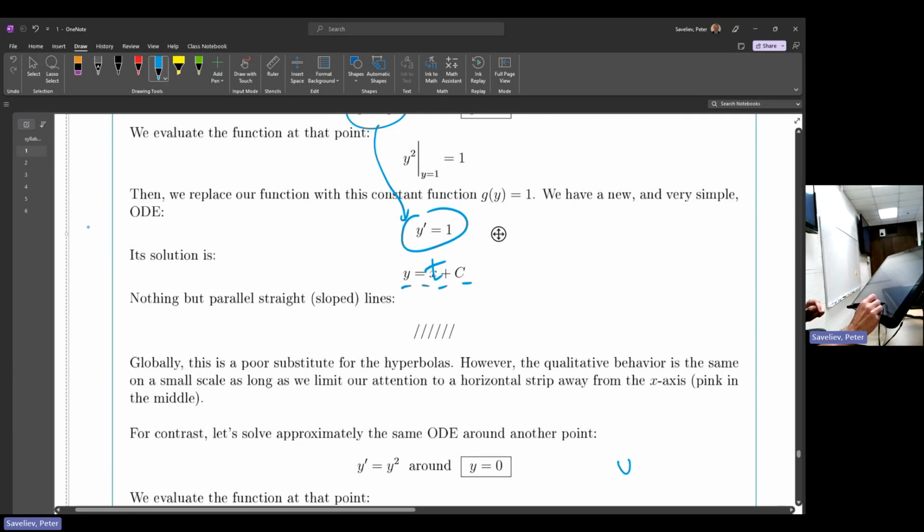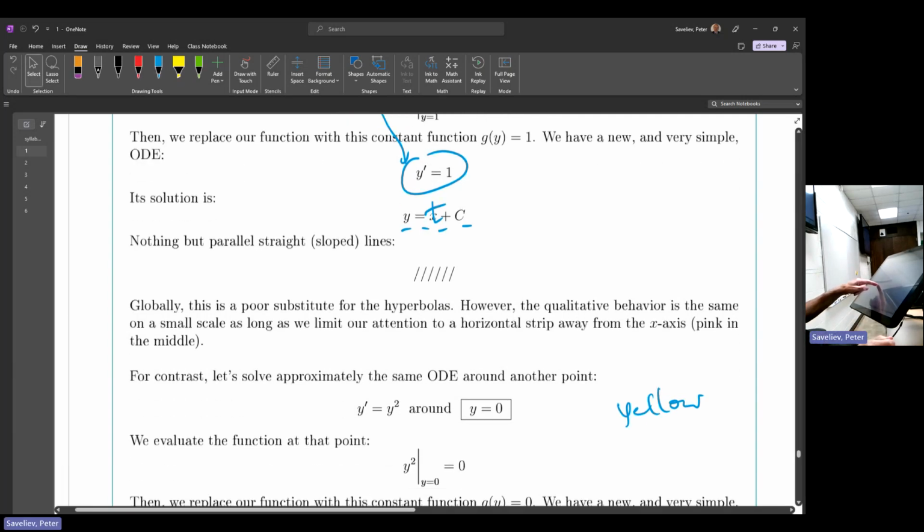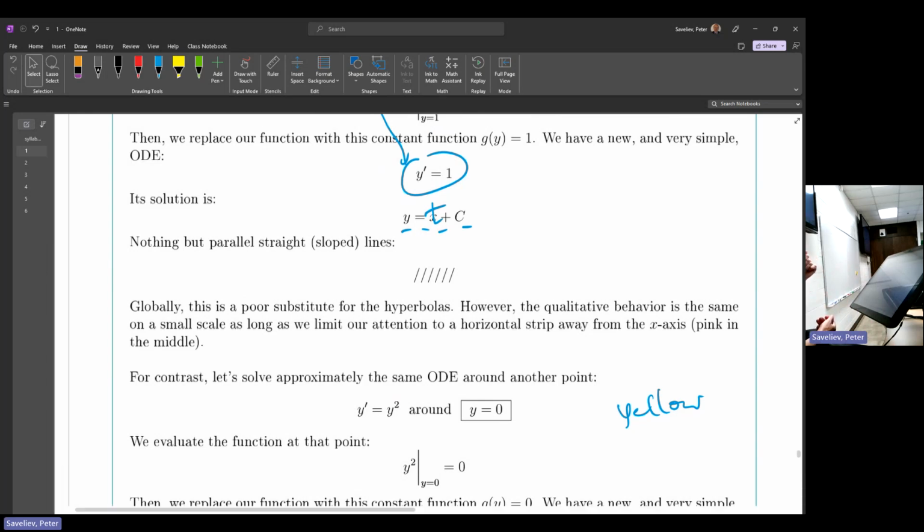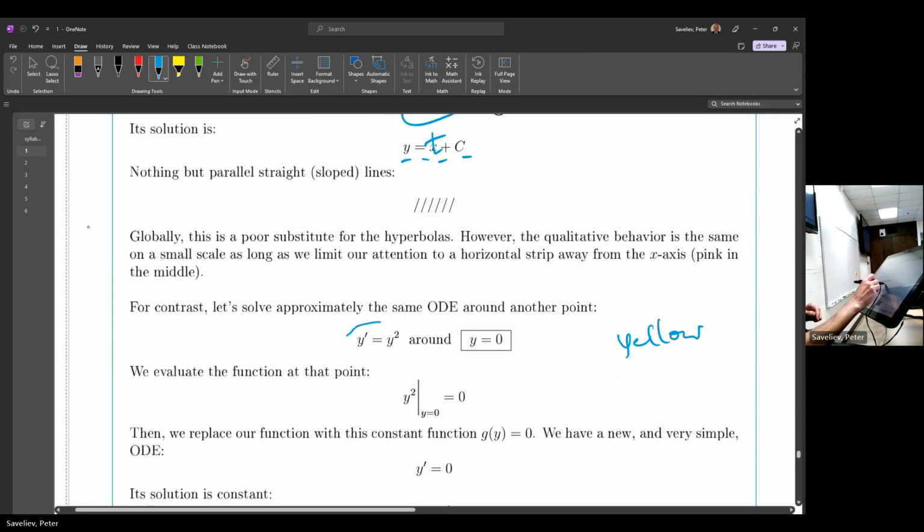So this is yellow. The constant approximation of y squared is 0. Once again, I plug y equals 0 into my right hand side, y squared, and I end up with 0. So my new differential equation is this. That's my simplification.